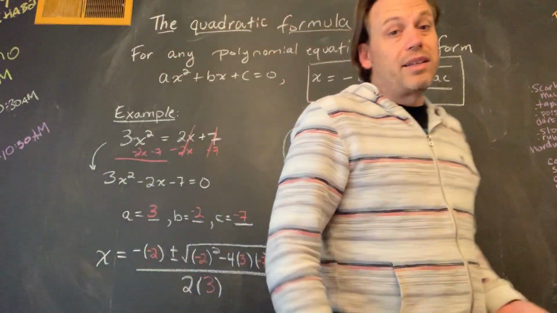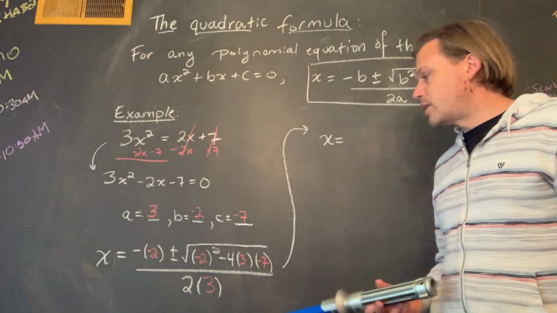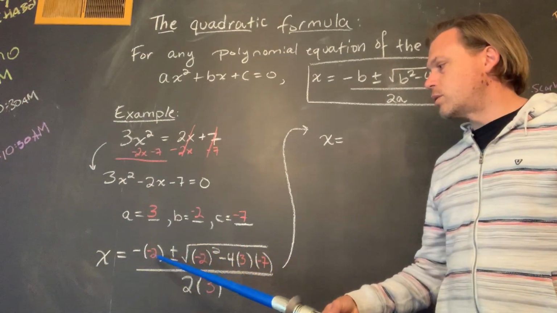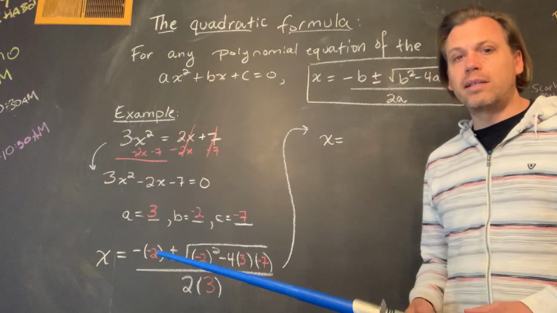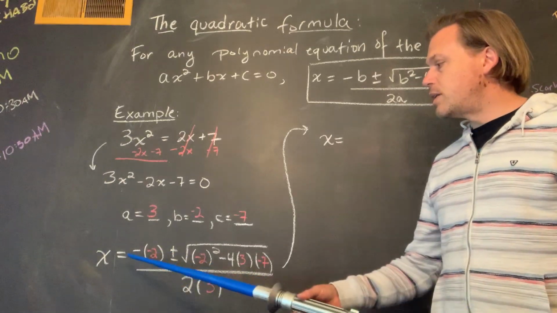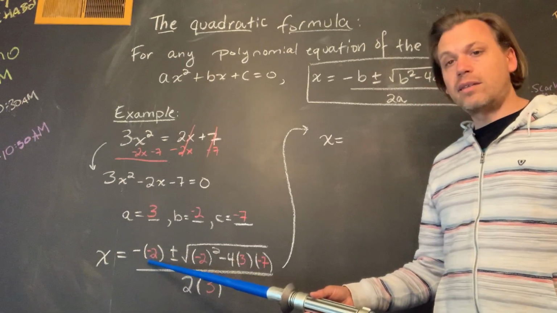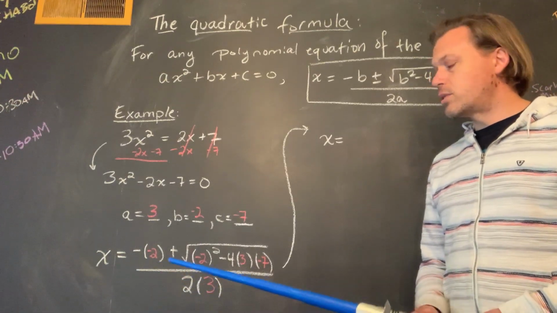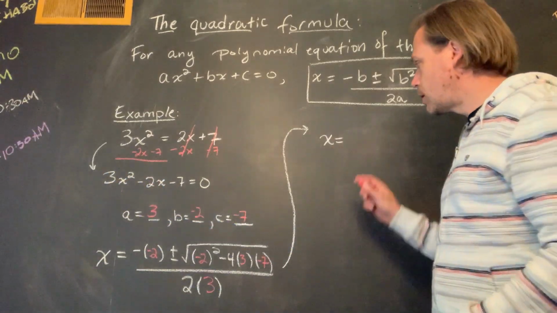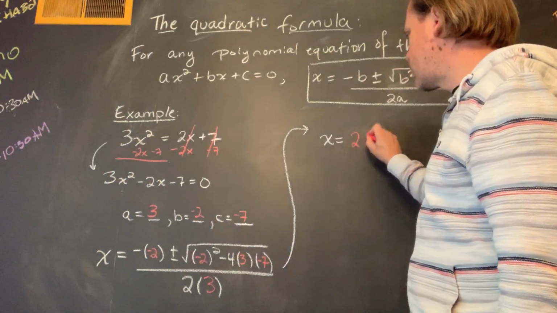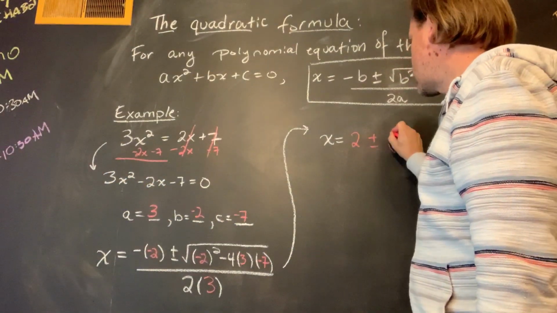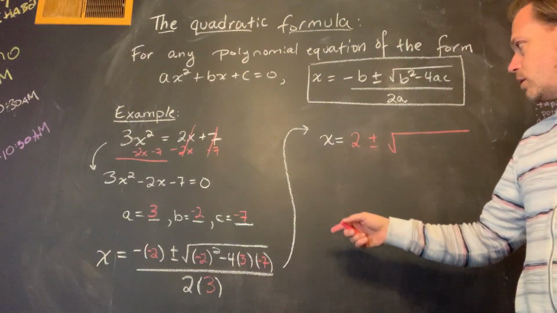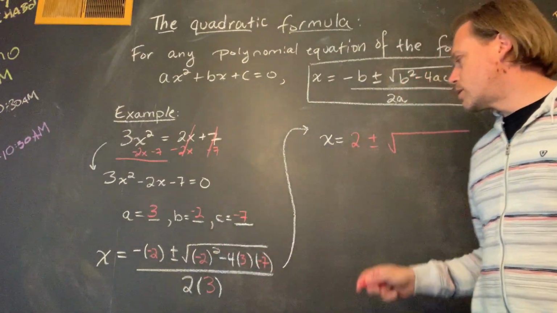So all I need to do now is simplify this and make sure I'm keeping track that there's two different answers. One where I do plus and one where I do minus. Now, a negative of a negative is a positive. So when I rewrite this, I'm going to do x is equal to positive 2 plus or minus the square root of negative 2 squared, that's positive 4.